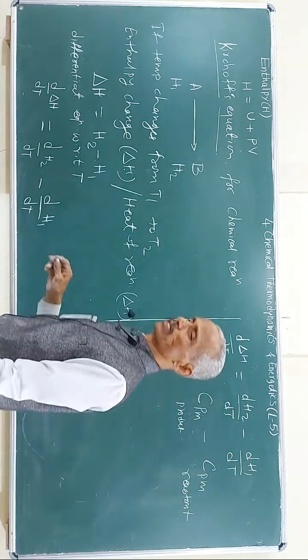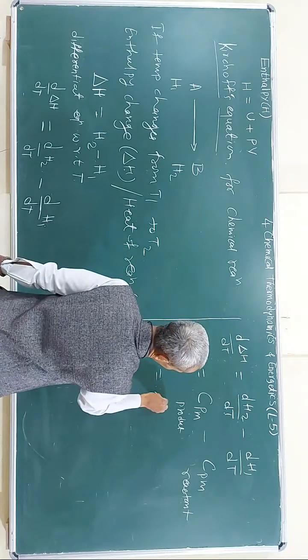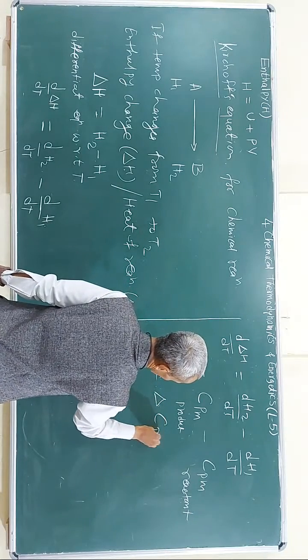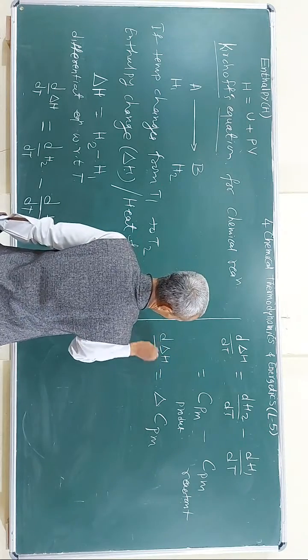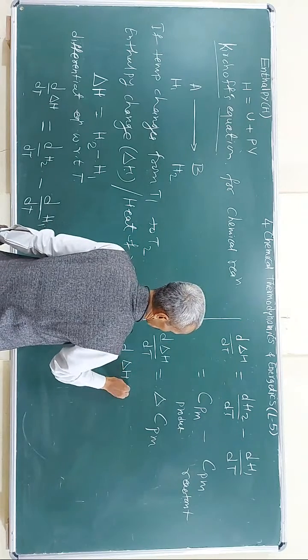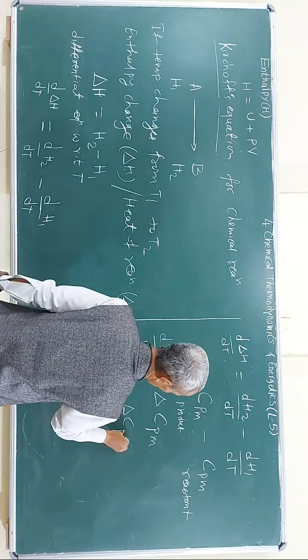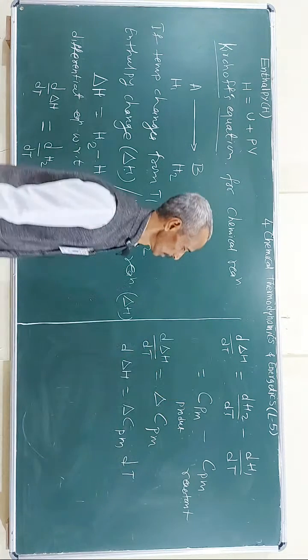Molar heat capacity of the product minus molar heat capacity of the reactant is denoted delta Cp. Rearranged, it becomes d(delta H) = delta Cp,m dT.